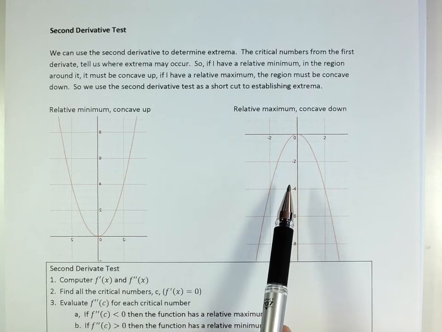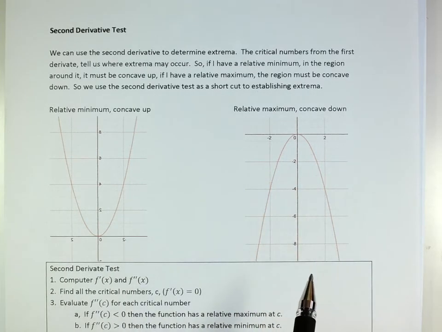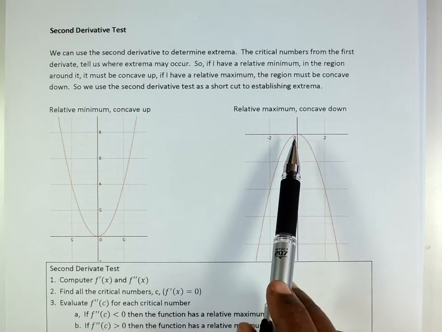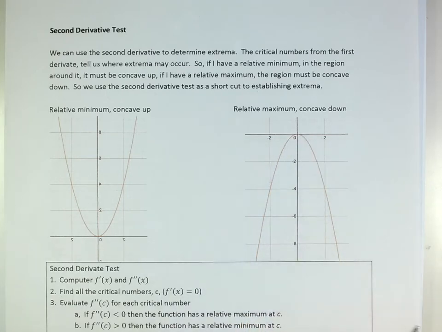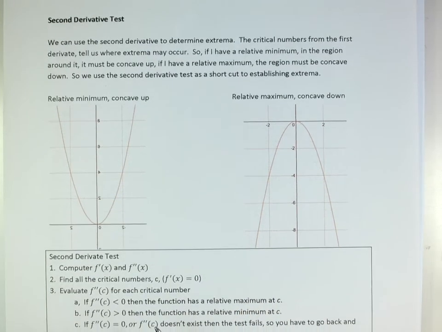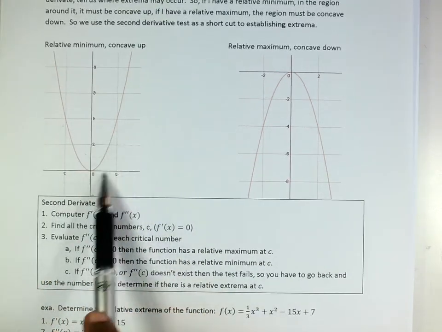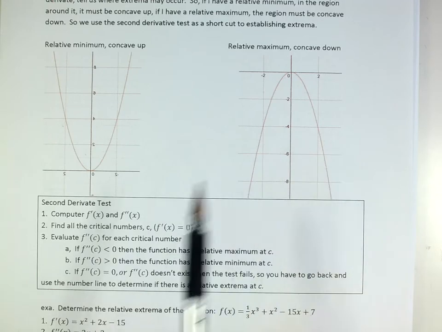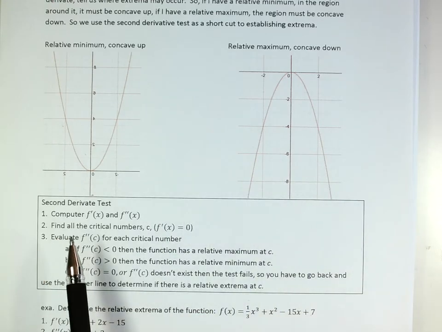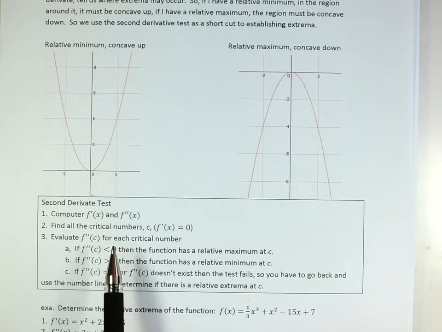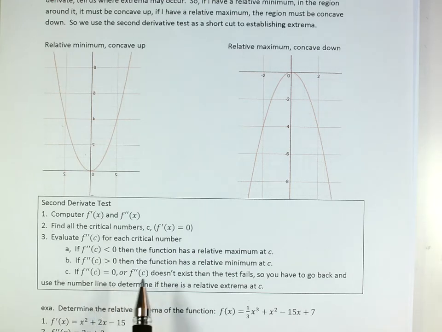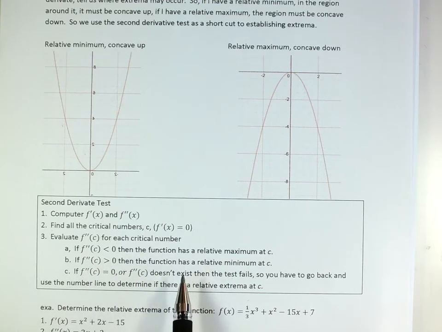This is a graph of negative x squared, so it's just facing down, and we have a relative maximum here.